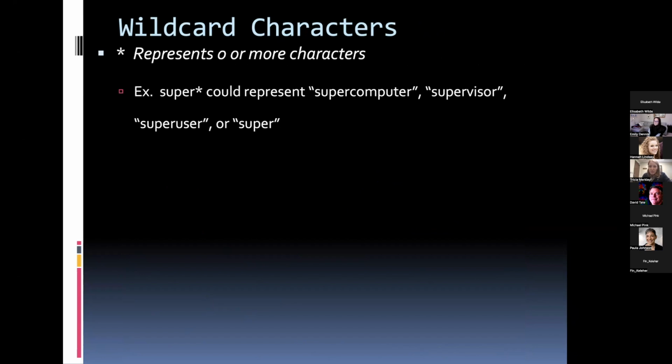If you wanted to list everything in a directory that started with super, you do ls space super and then the asterisk, and it would show everything in that directory that starts with super.